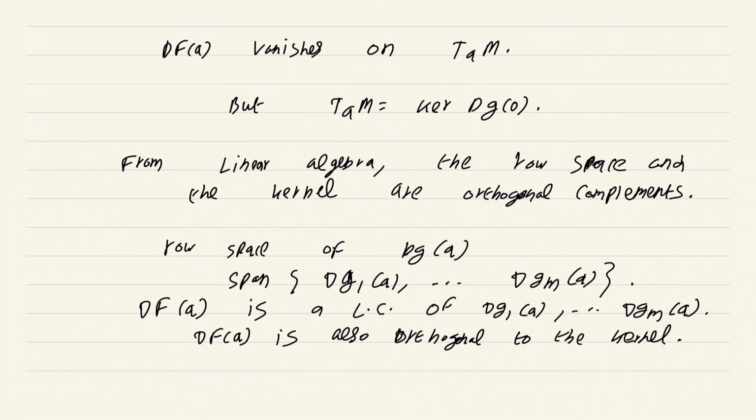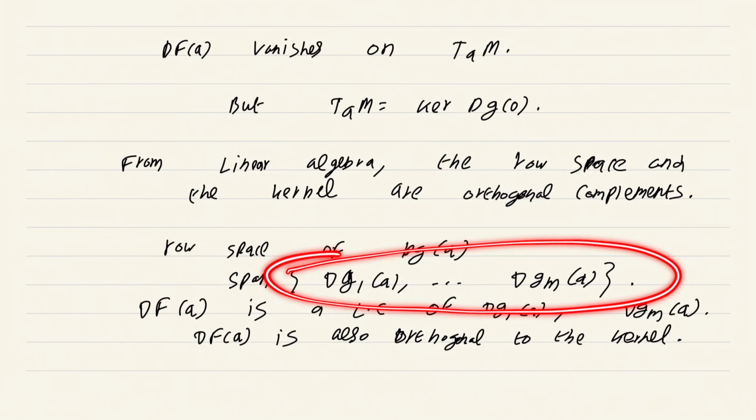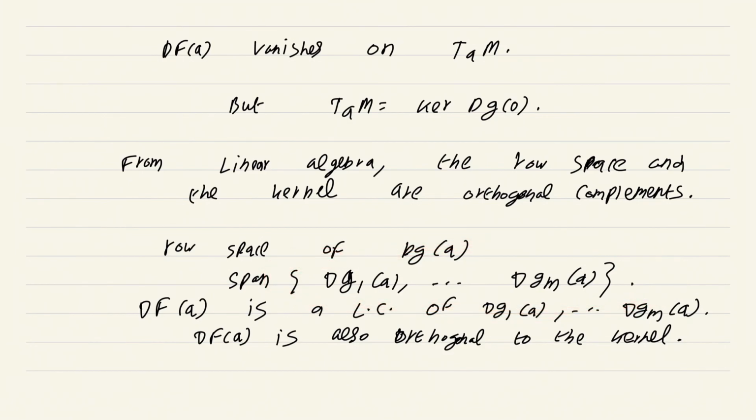Saying that df_A vanishes on T_A M is saying that the gradient of f at A dot product with any vector v in T_A M is 0, which just says the gradient of f at A is in the orthogonal complement of the kernel. But saying that the gradient of f at A is in the orthogonal complement of the kernel just means that it is in the span of the gradients of g1 through gm at A, which is just a rephrasement of the conclusion that we need.